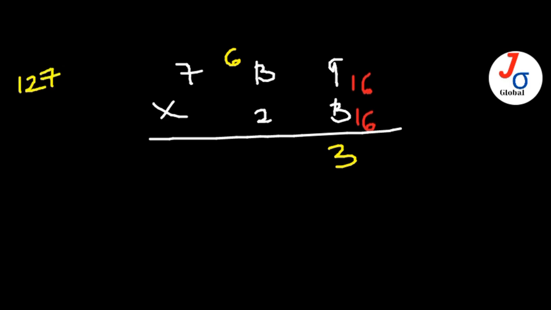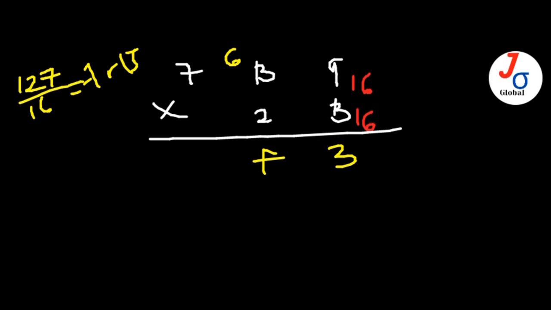How many times can we see 16 in 127? And so we have 7, remainder 15. So 15, we can't write 15, you just have to change that to the alphabet of 15, and that's F.